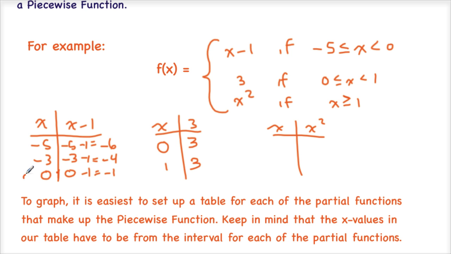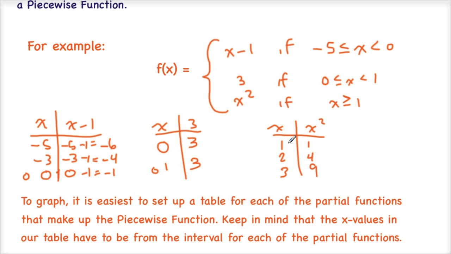So I'm going to draw a little open circle next to this to remind me that those are open points because of the inequality that I see there. And now for f of x defined as x squared, I'll plug in 1, 2, 3, which should be enough, and it'll keep on going because this is for all values of x greater than or equal to 1. So at 1, 1 squared is 1, at 2, 2 squared is 4, and at 3, 3 squared is 9.